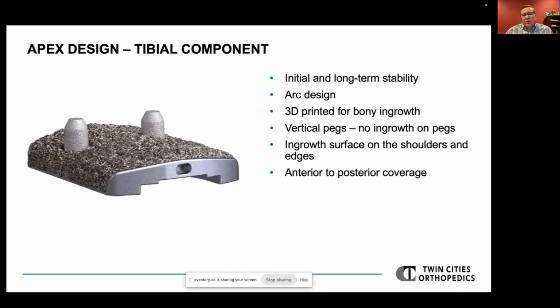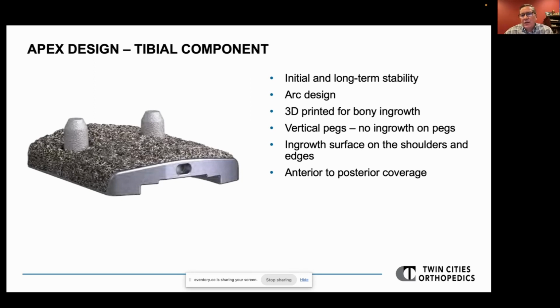And anterior to posterior coverage, we know that the best bone for seating our tibial tray is the cortical bone, both anteriorly and posteriorly. I always wondered why we didn't try to get as much coverage as possible when inserting our implants, to really take advantage of that good cortical bone anteriorly and posteriorly to minimize the risk of subsidence.